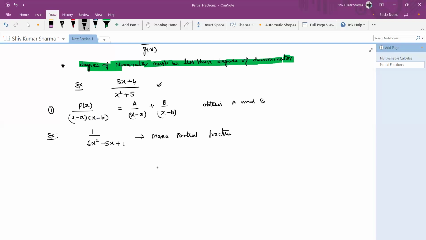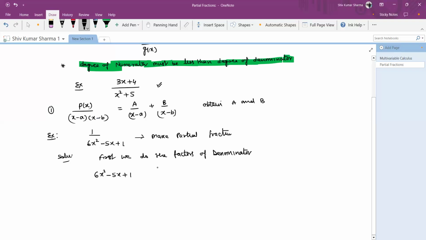That means we first do the factors of the denominator.